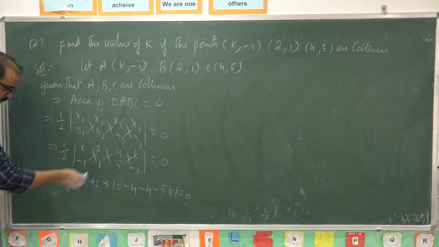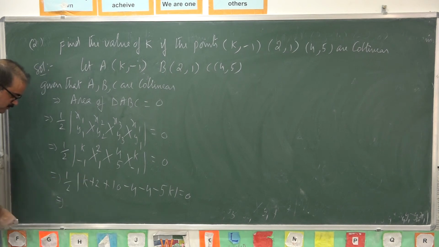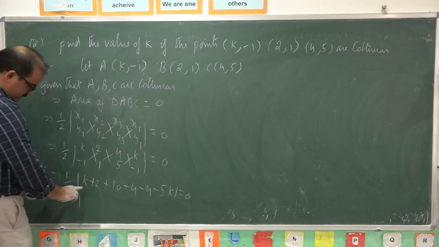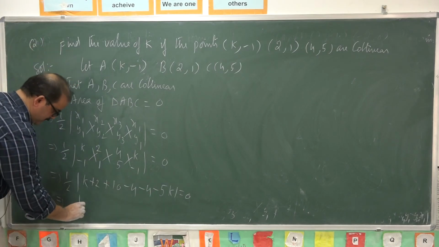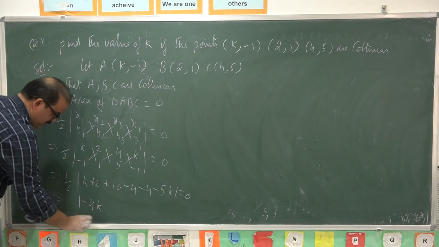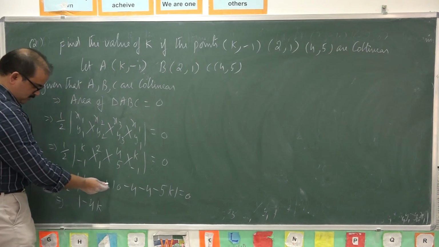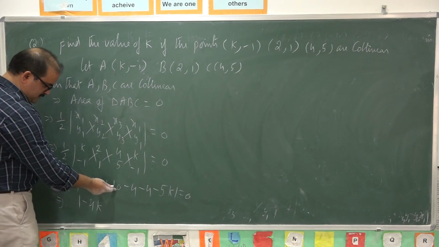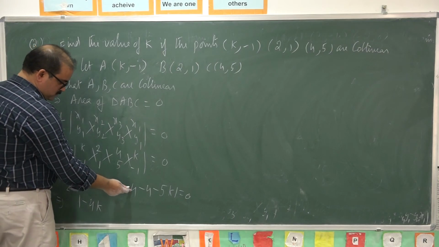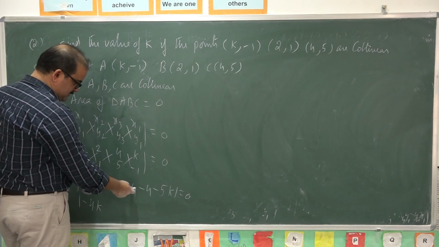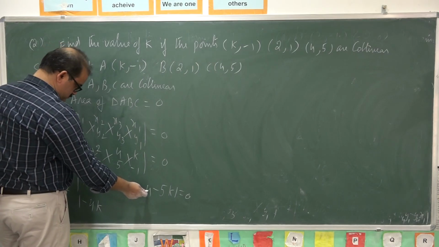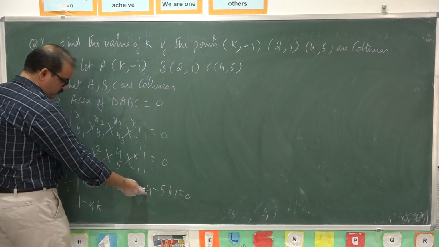Take this 1 by 2 to right hand side, that becomes 0. Now modulus of k minus 5k minus 4k, take the constants: 2 plus 10, 12, minus 4, 8, minus 4, 4.